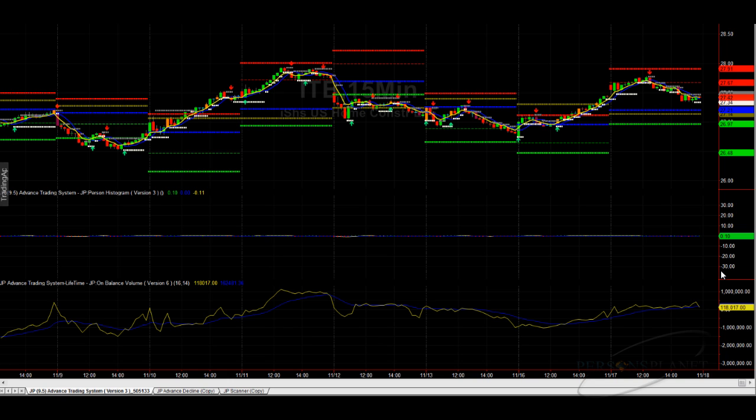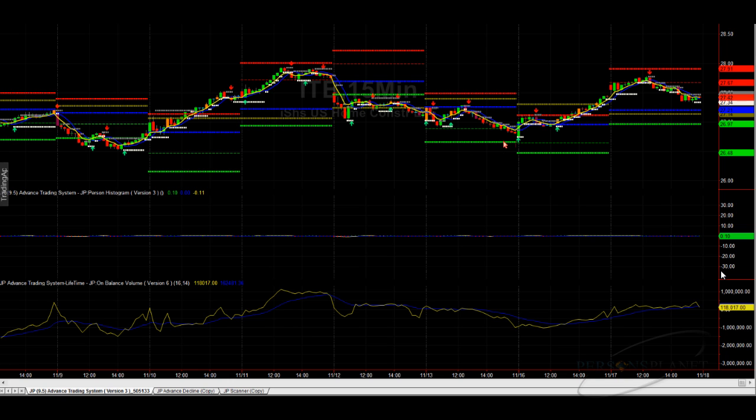This is the housing index, not the XHB, the ITB, which contains, of course, Lennar and Pulte and the actual home builders. And ironically, you can see even on an ETF, now it's not 100%, and this is a small sampling, but it's this week and last week, which is a pretty volatile market condition.